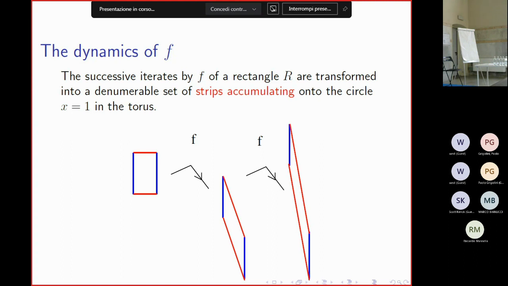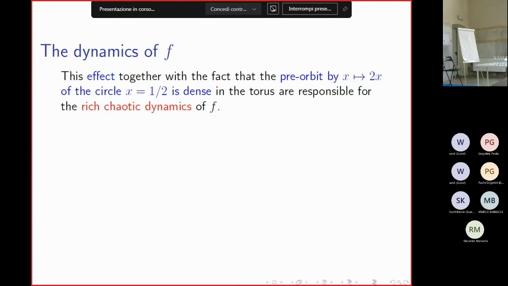This is the effect of iterating the map f in a rectangle. This effect, together with the fact that the pre-orbit by this map here, which is the double map of the circumference in the torus, are responsible for the rich dynamics of f, indeed.